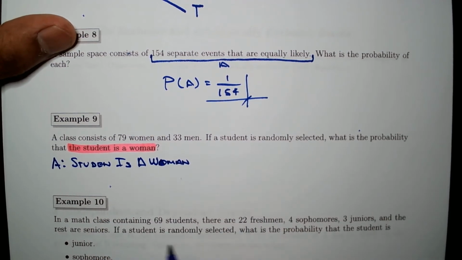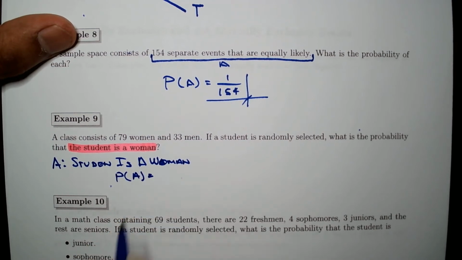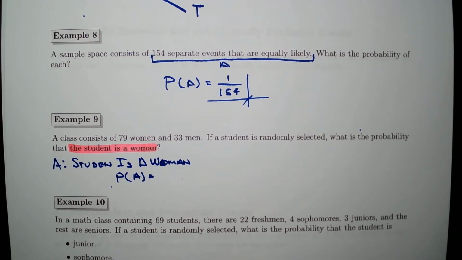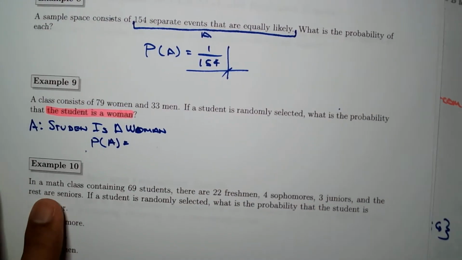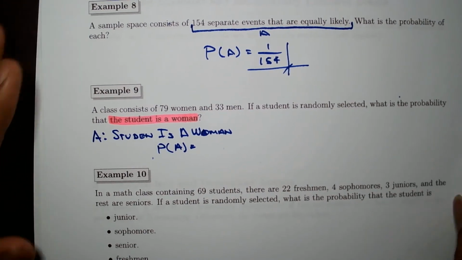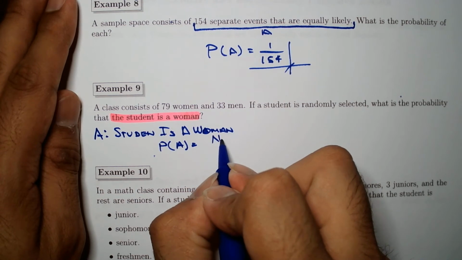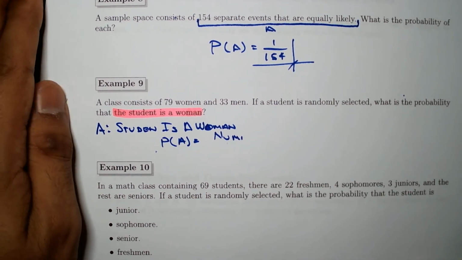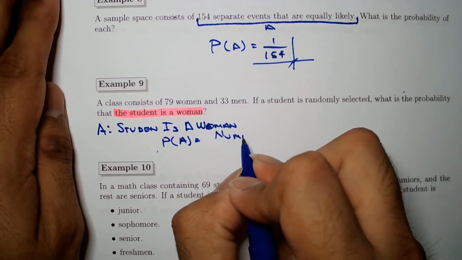So the probability of A, again, let me write it in words. Number, well, let's say in this case, number of women, actually.